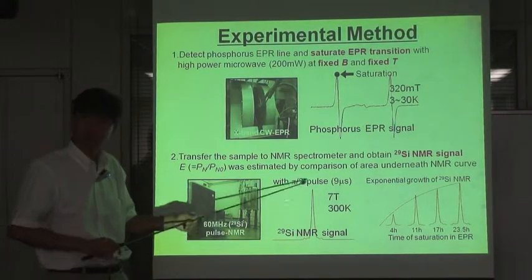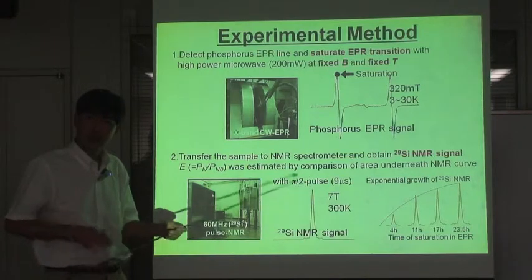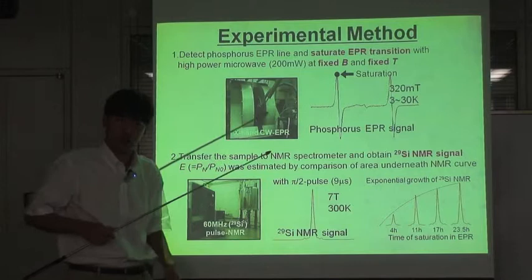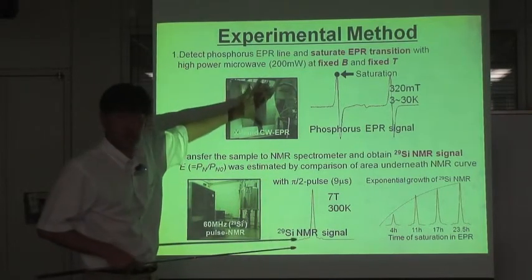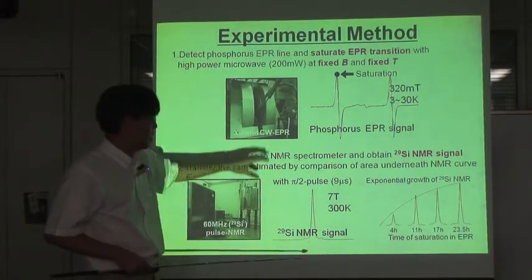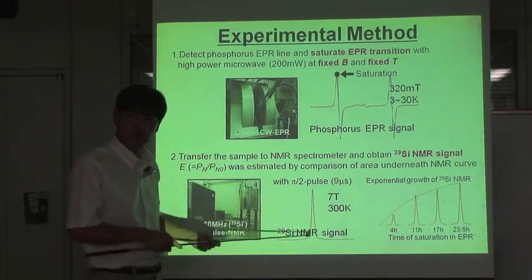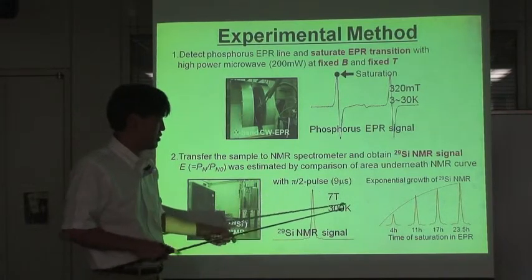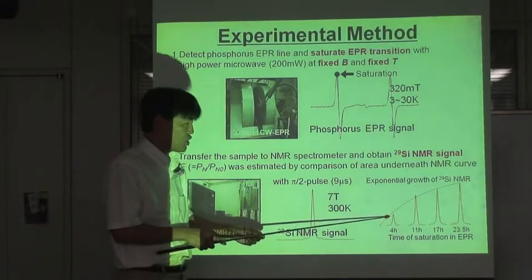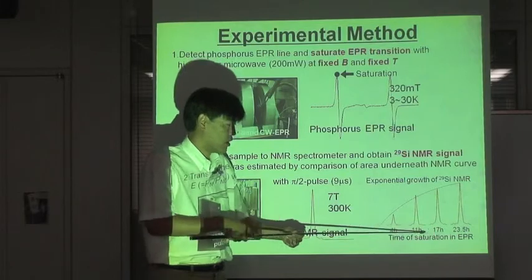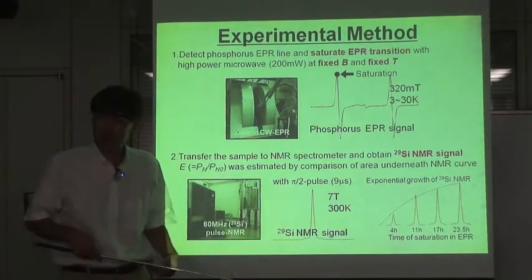We see how strong the 29 NMR signal is. This signal tells us how much 29 nuclear spin orientation or polarization is achieved as a result of this process. Okay? And the 29 silicon nuclear spin signal intensity changes as a function of time.